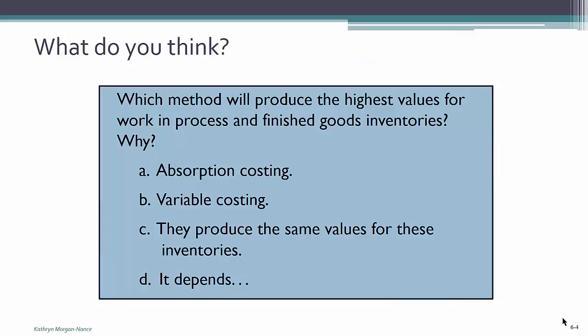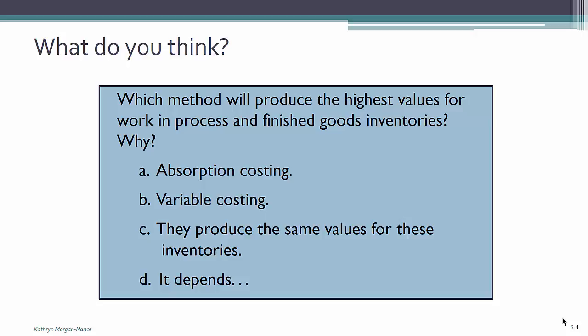Before moving on, I have a question for you. We have just learned that fixed manufacturing overhead is a cost included in inventory values using absorption costing, but not under variable costing. Everything else being equal, which of the two methods produces the highest value for work in process and finished goods inventory?